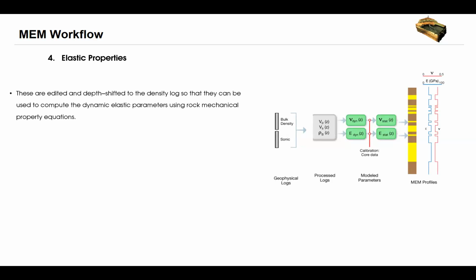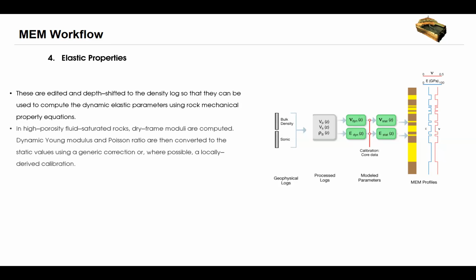These are edited and depth shifted to the density log so that they can be used to compute dynamic elastic parameters using rock mechanical properties equations. A very important remark is that the elastic properties obtained from the geophysical logs are dynamic models, so we have to calibrate them, either from an empirical relationship, or we can use conversion of local relationships.